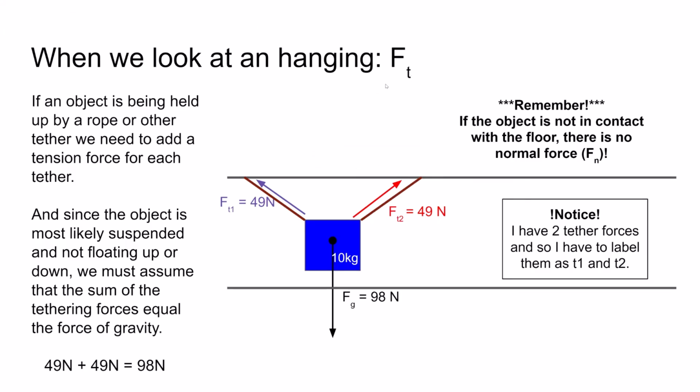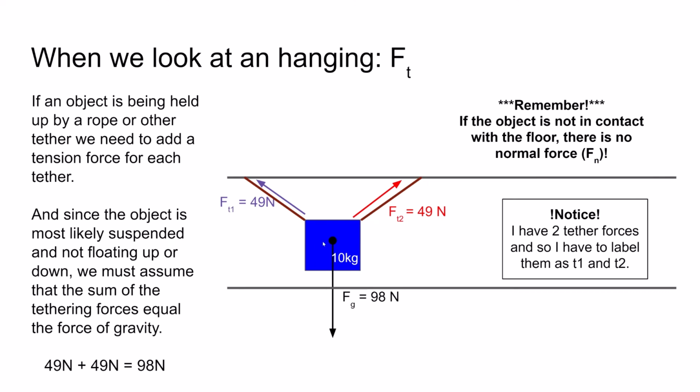When we look at hanging things or using F of t, which is our tension force, it's usually being held up by a rope or other tether, or it's being pulled. So we need a tension force that talks about that rope or tether pulling on the box or object. And since the object is most likely suspended, it's not floating up or down, right?